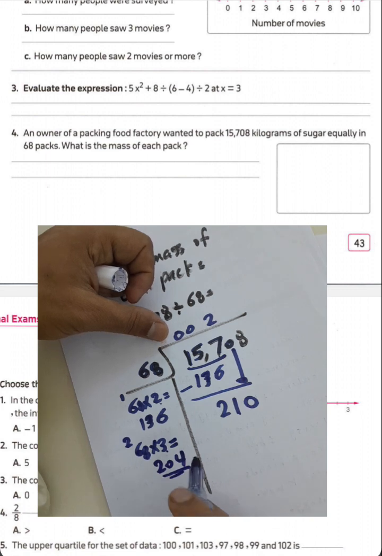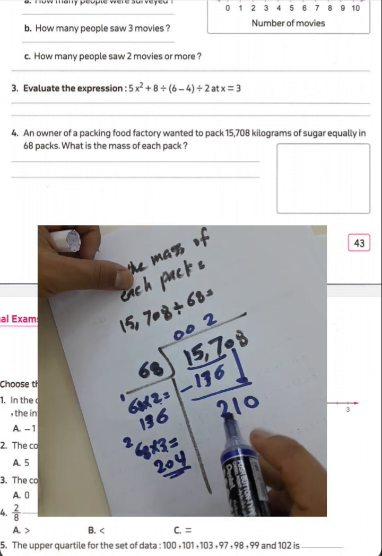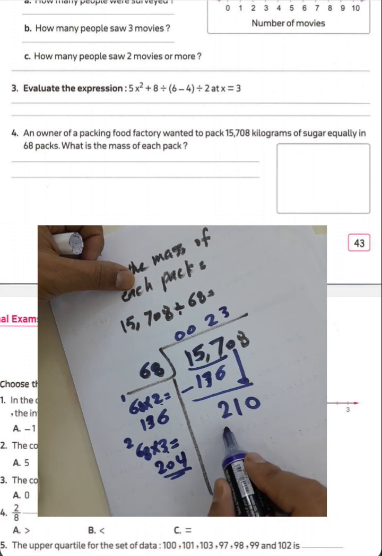It's 204, nearest to the number. So we must write 3 outside here in the quotient, and then write 204 down.